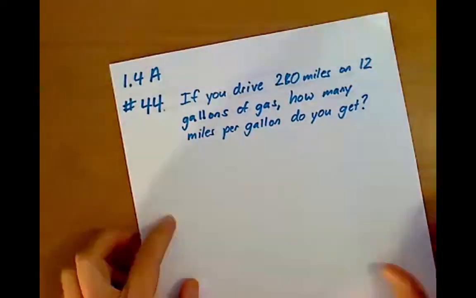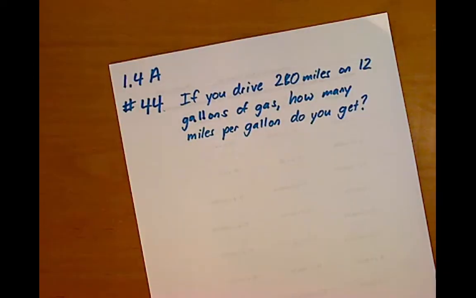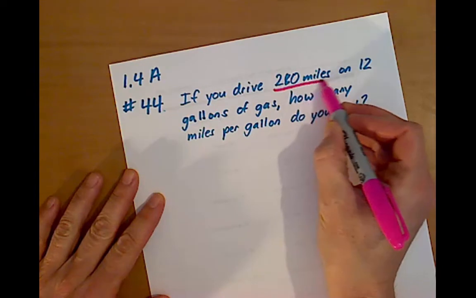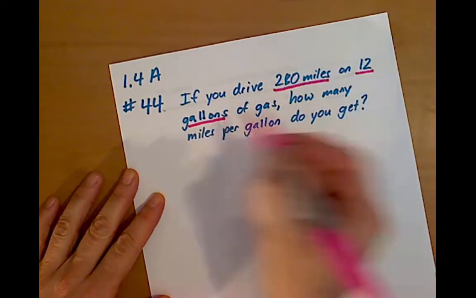So our next problem. All right, for this problem it says, if you drive 280 miles on 12 gallons of gas, how many miles per gallon do you get? So we know that we're driving 280 miles, and we know we're using 12 gallons of gas.